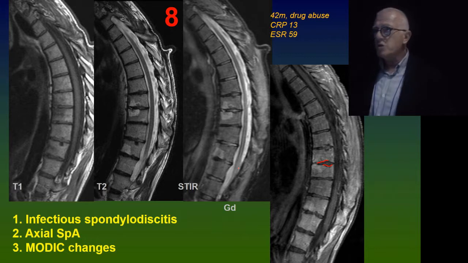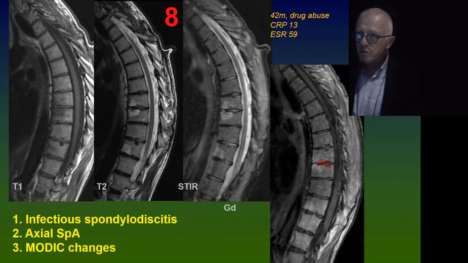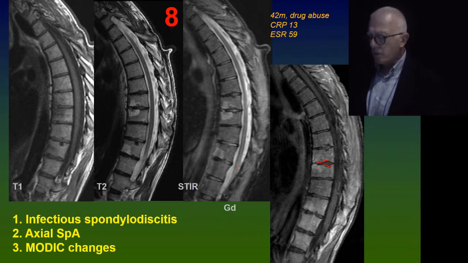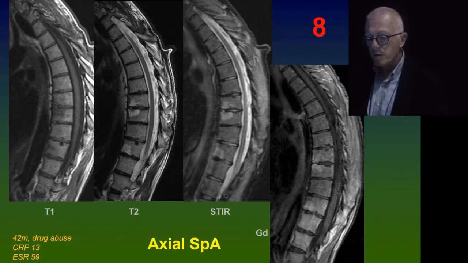On the other hand, Modic changes occur usually in the lower lumbar spine, and we do have significant dehydration and degeneration of the disc, whereas the patient may be asymptomatic. Here we have symptoms. We have a young guy, younger than 45, with all the findings suggesting a Romanus lesion and Andersson spondylodiscitis or aseptic spondylodiscitis.